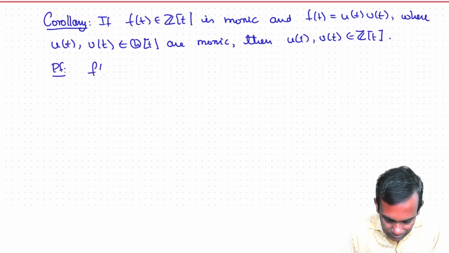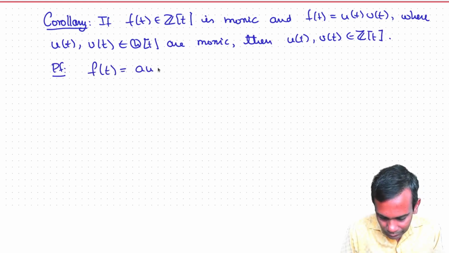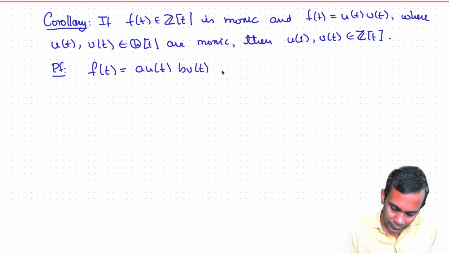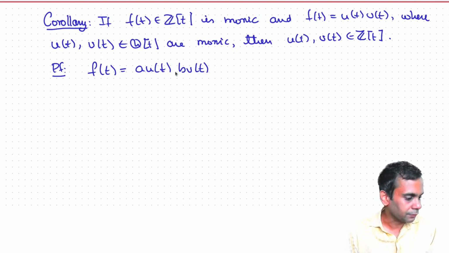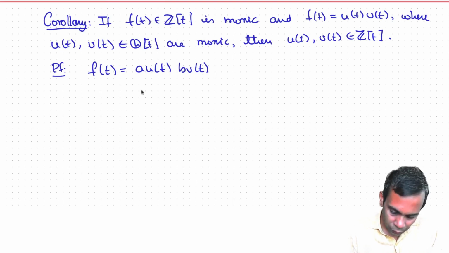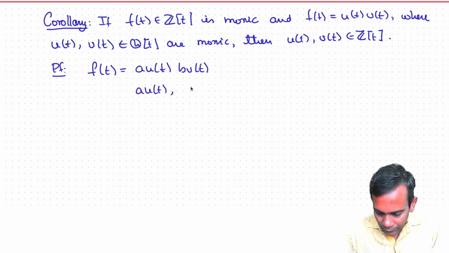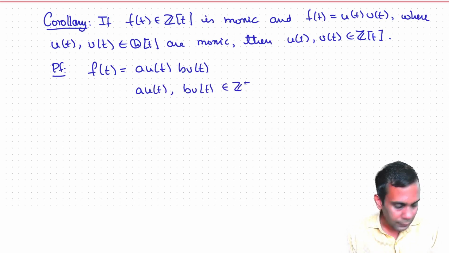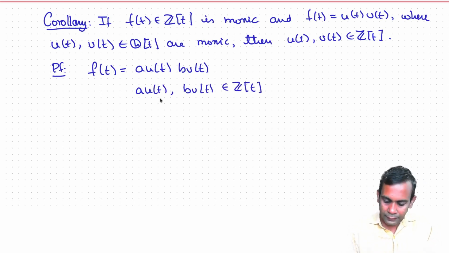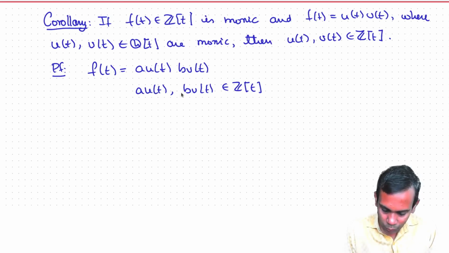So what we have is that f(t) is a·u(t) times b·v(t), where a, b are rational numbers and a·u(t), b·v(t) are primitive. But a·u(t), b·v(t) belong to Z[t], and if their product is monic, then their leading terms must be equal to 1.